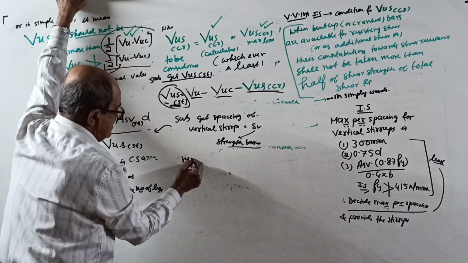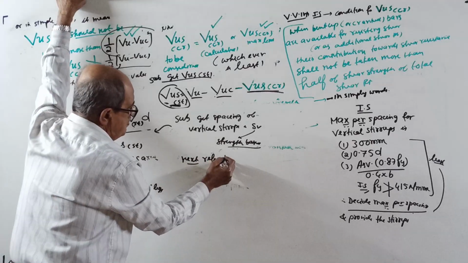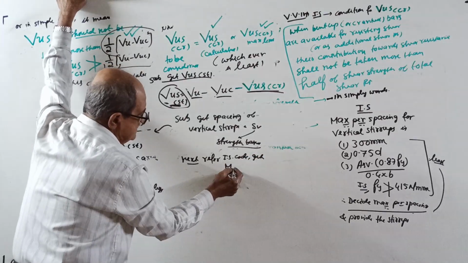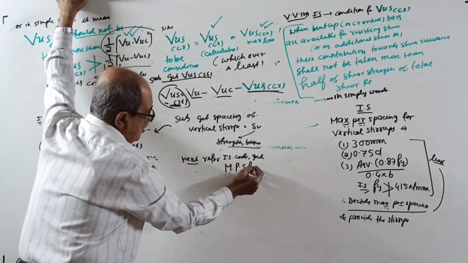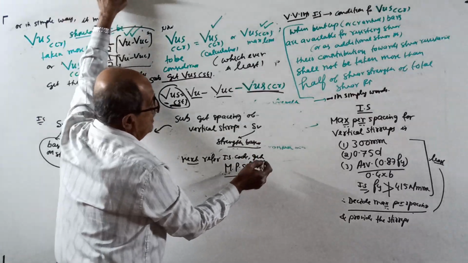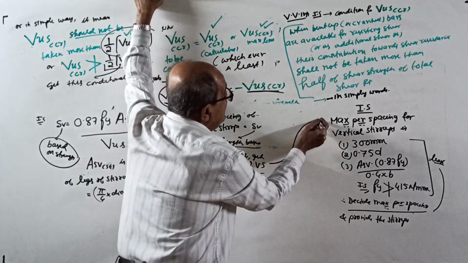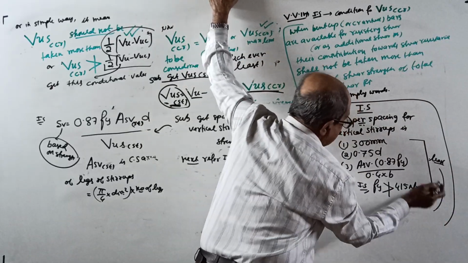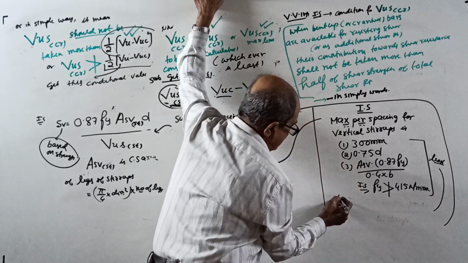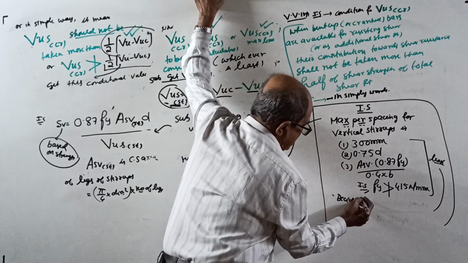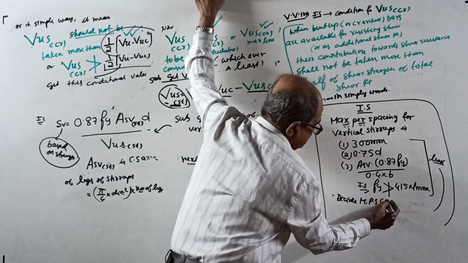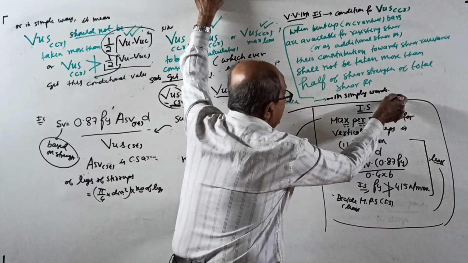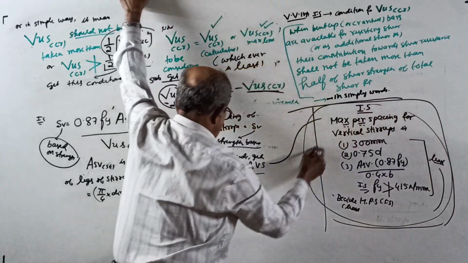Next, refer to the IS code and get the maximum permissible spacing for vertical stirrups. Write this once again. Lastly, decide the maximum permissible spacing as per IS code, that is the least value.